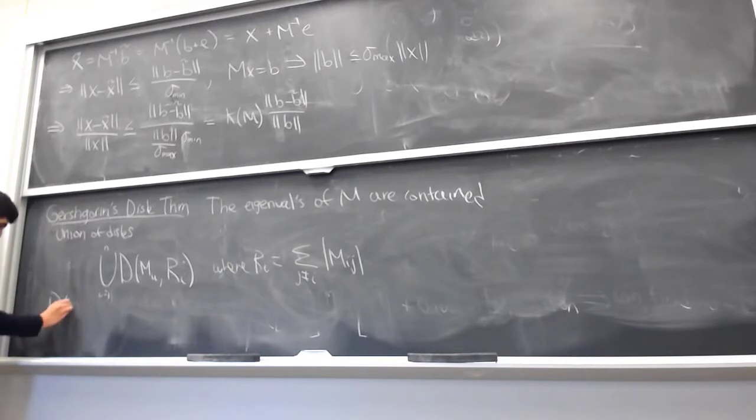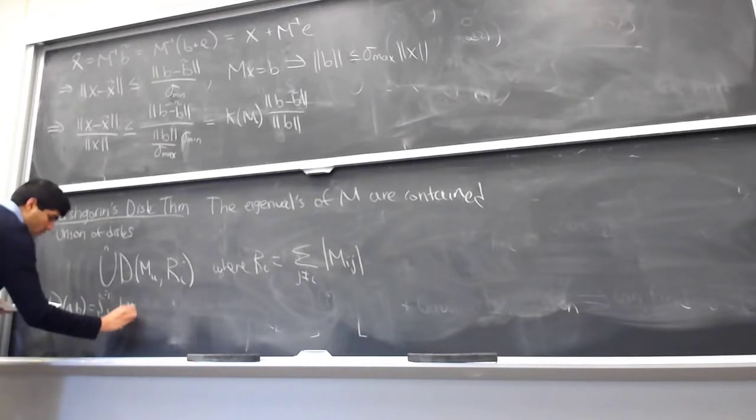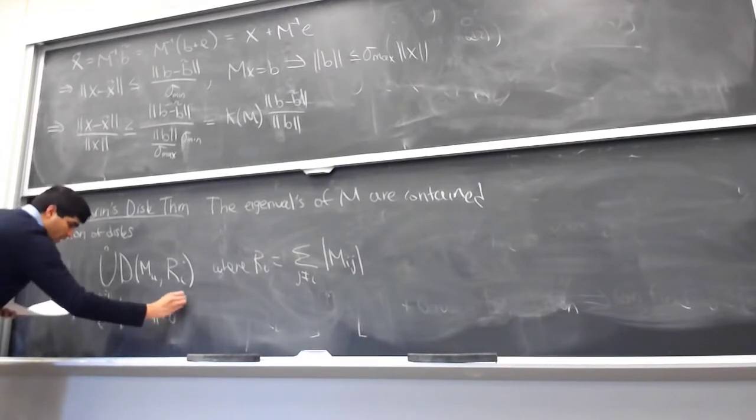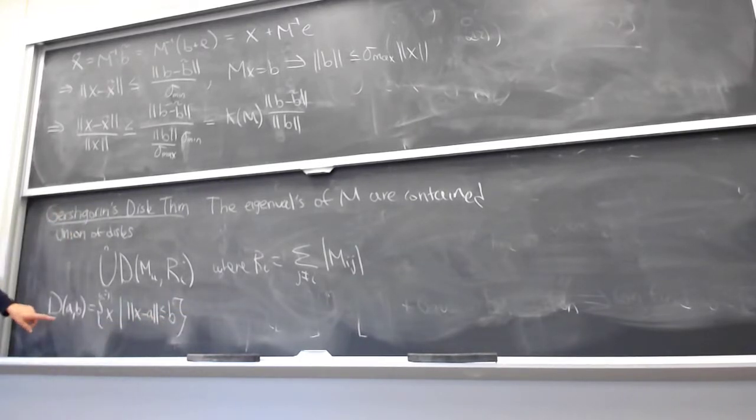Just to be more precise, D(a, b) is the set of all x where the norm of x minus a is at most b. So the way to interpret this is it's the disk centered at a of radius b. We've already said that this theorem recovers one fact we already know to be true, but it's going to tell us even more than that, because when you have a near diagonal matrix, we know the eigenvalues of a diagonal matrix are just the values along the diagonal.